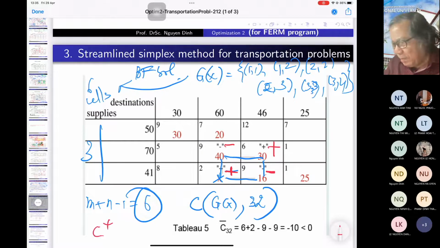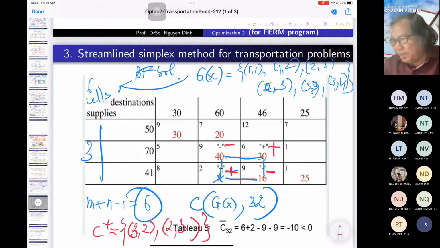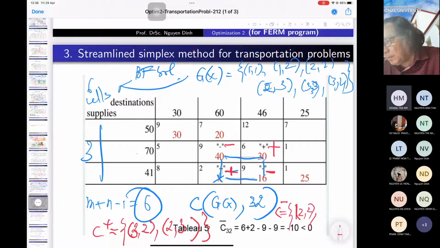C plus has two cells: 3,2 and 2,3. And C minus is 2,2 and 3,3.